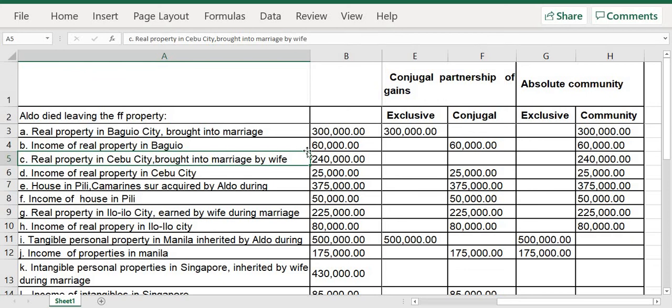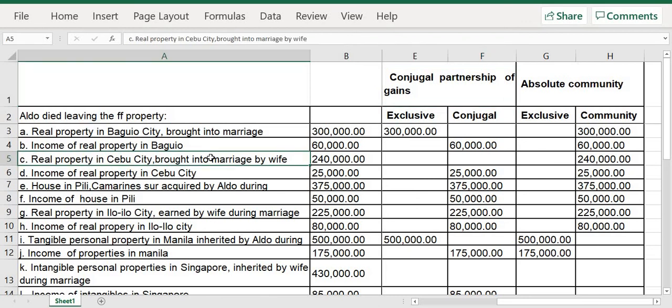And reminder, yung kinukompute natin dito is the exclusive and conjugal properties of Aldo, kasi yung decedent dito. So, we are computing the exclusive and conjugal or community properties of Aldo under both property regimes.